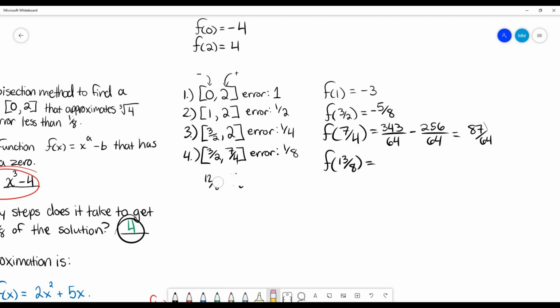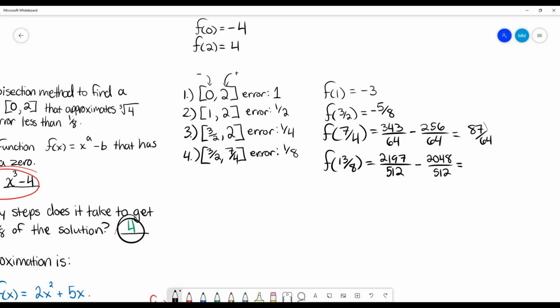Let's go ahead and plug that in and see where that gets us. 13 cubed is rather large. And 8 cubed we said was 512. 512 times 4.